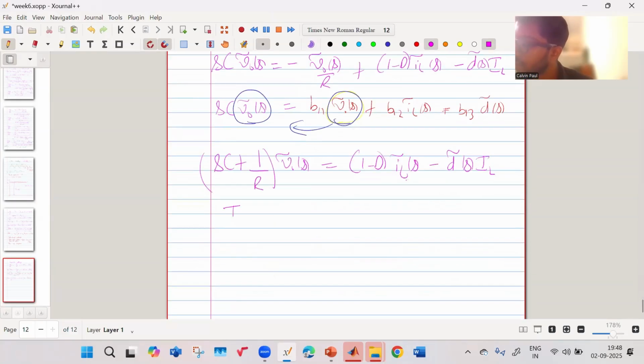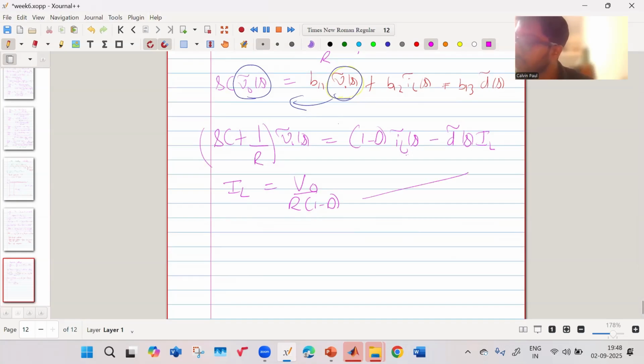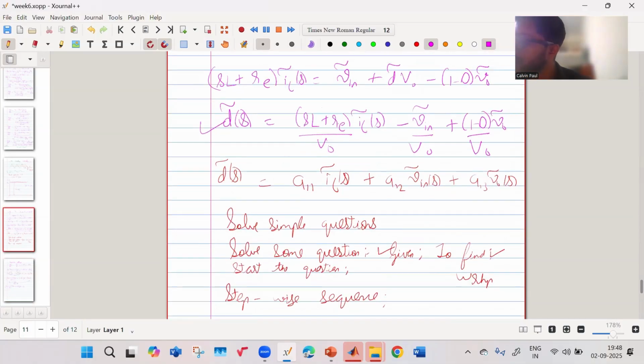Now, you know for your boost converter, IL is actually V output upon R into 1 minus D. So that also you put over here. So we get SC plus 1 upon R, V output per turb of S is 1 minus D into IC per turb of S minus V output by R, 1 minus D. The bracket, what do you put?